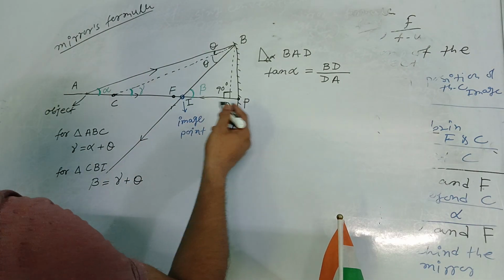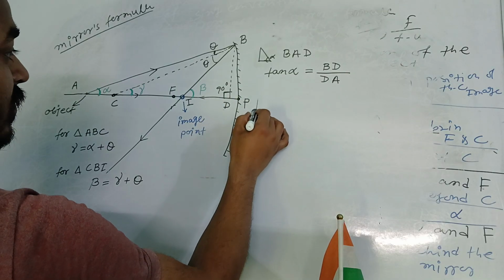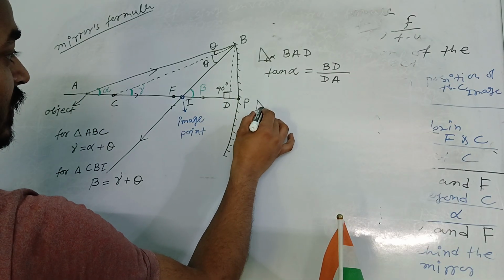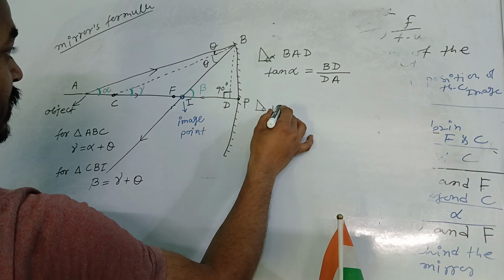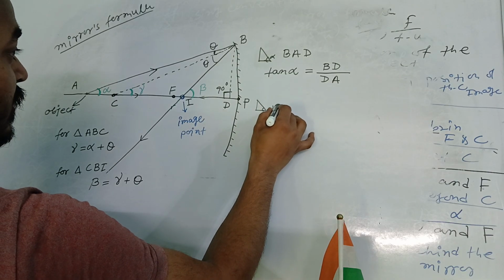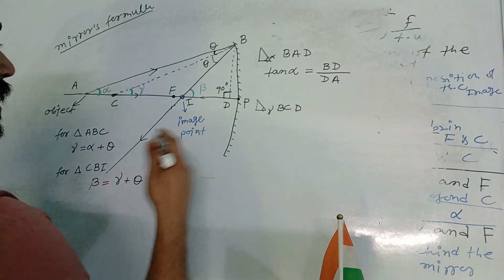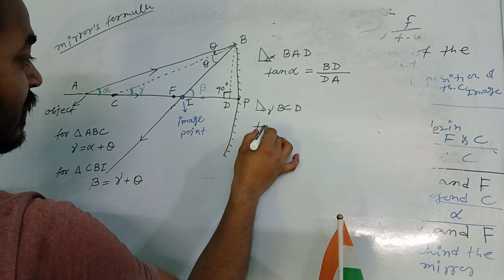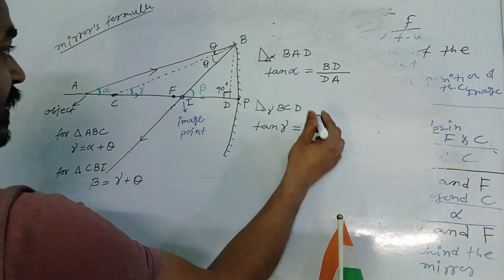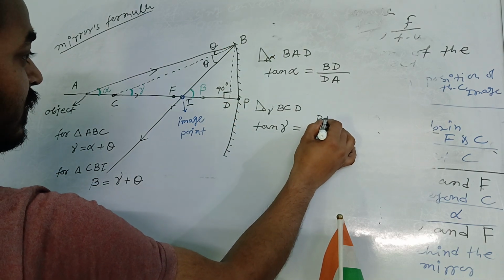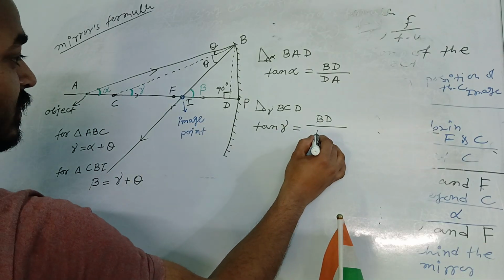Next I am taking triangle BCD. Again, this angle is gamma right now. The triangle name is B, C and D. We can write here tan gamma is equal to, again, BD divided by DC.